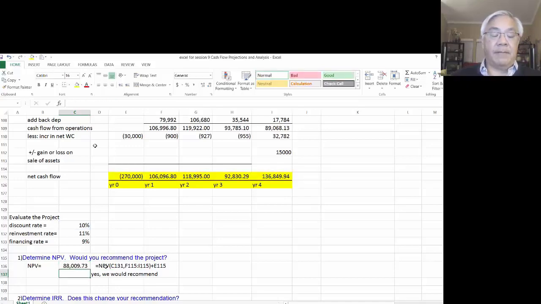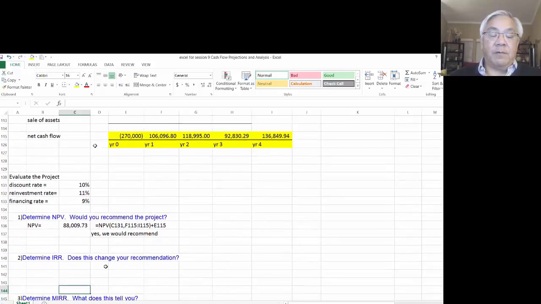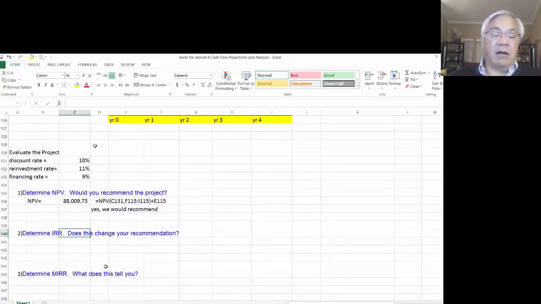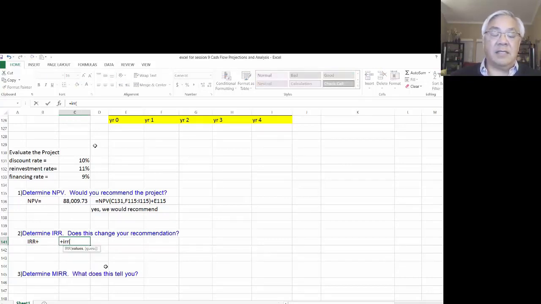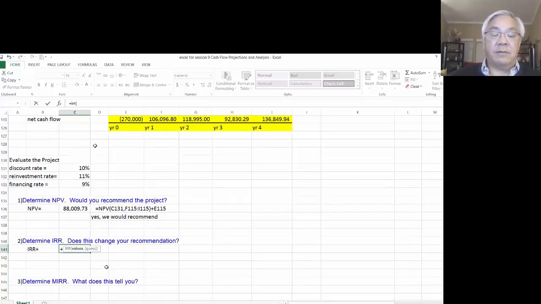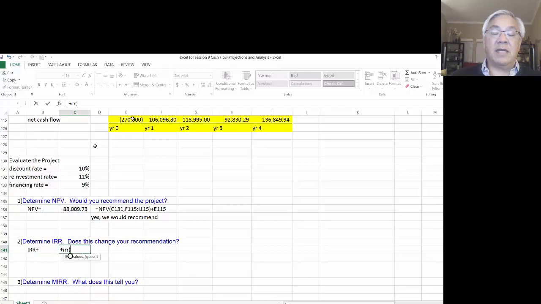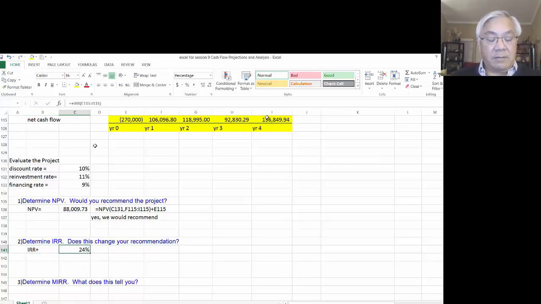All right. Next is, would you run the IRR, and would that change anything? So IRR equals, this is the easier one, IRR, open parens, and it is the entire shaded region. So you'll remember that we take everything from T0 all the way to the end. And again, I'll do this so we can see it clearly.